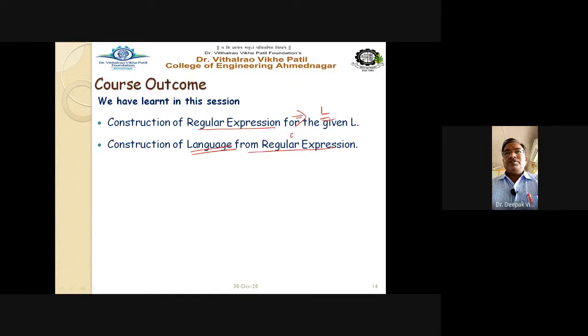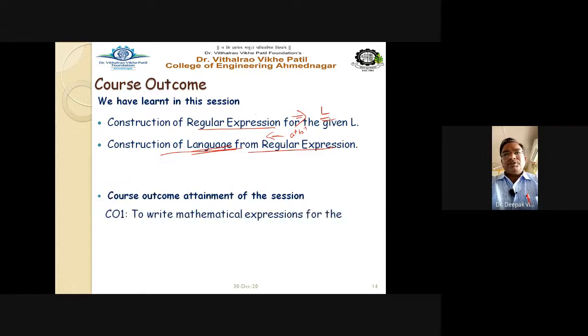A regular expression is given, a raised to star b raised to star, what is the language? That is the construction of the language from the regular expression. These two important topics we have covered in today's session, right? So the course outcome attainment is to write mathematical expressions for formal languages. Mathematical expression is nothing but regular expressions, right?